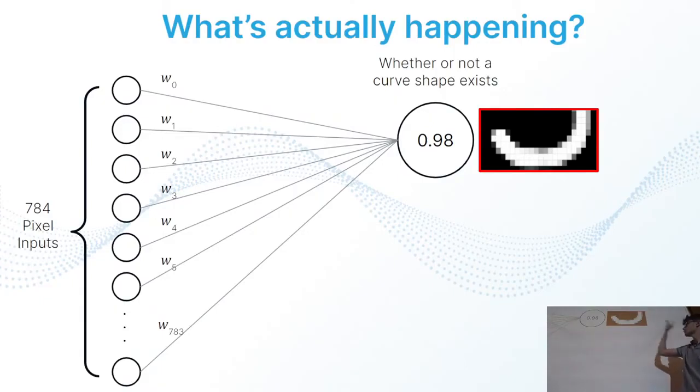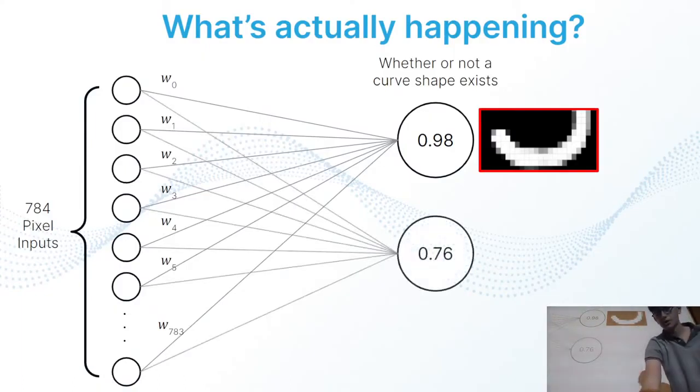Because if we're looking for a loop that exists at the bottom, the pixels in the bottom half of the image, or the bottom third of the image, are way more important than the pixels above that bottom loop, because we're specifically looking for this subcomponent. So that means that certain pixel inputs will be more important than other pixel inputs, because the more important pixel inputs correspond to the bottom third of the image.